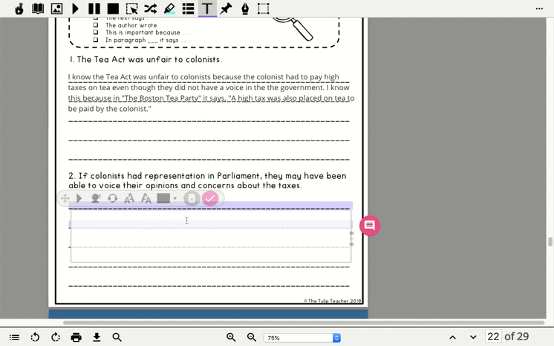Okay, so I know the colonists did not have representation in Parliament because they were upset about the new taxes.